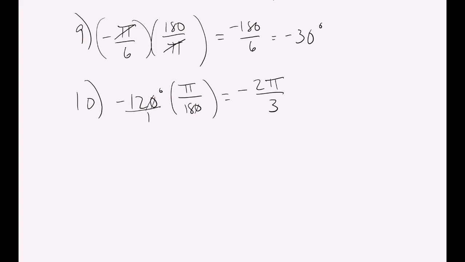Number 11, find the value of the trig function indicated. Okay, it wants you to find sine. Sine is opposite over hypotenuse, and if you look at the picture, the opposite is 3. The hypotenuse is not there, but you could totally find it because it's a 3, 4, 5 triangle. Number 12, gross.